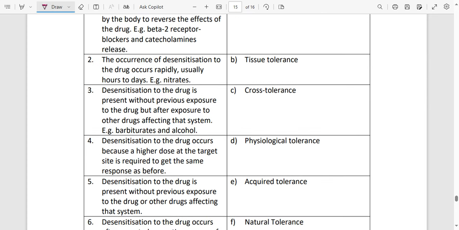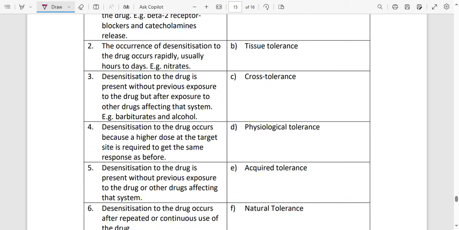Three, desensitization to the drug is present without previous exposure to the drug, but after exposure to other drugs affecting that system. Okay, thank you so much. Acquired tolerance.